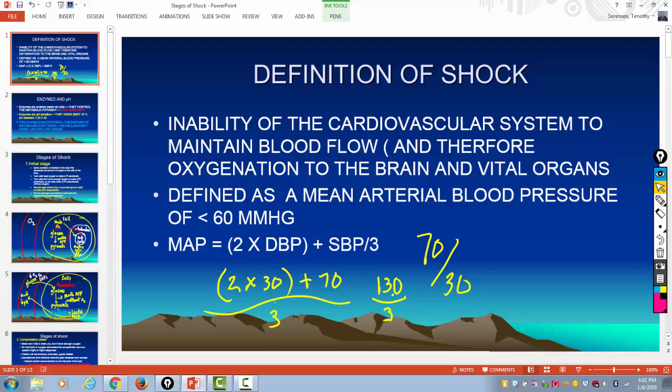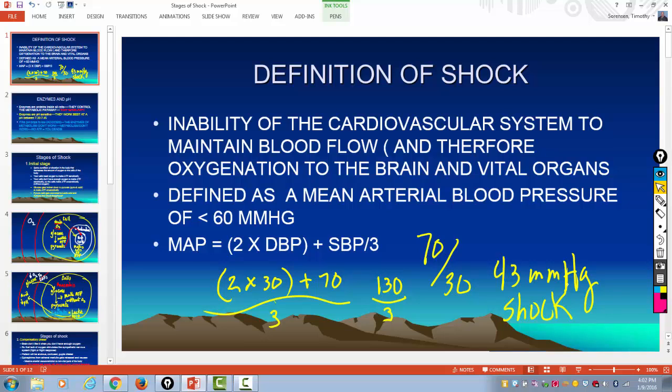That's a little over 40, so like 43 millimeters of mercury. That is their MAP. So by definition, this person with a MAP of less than 60 is in shock. What's causing the shock? I'll talk about that later. But you know they're in shock.